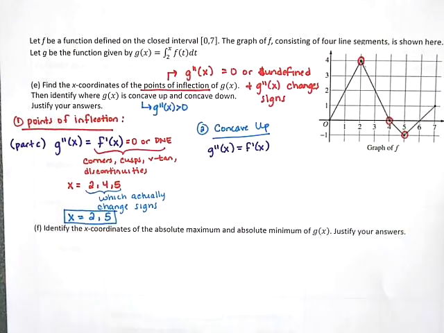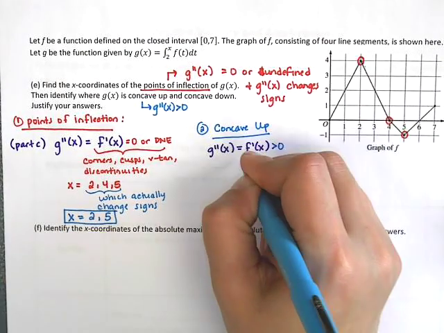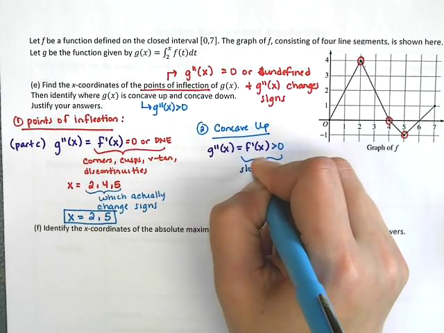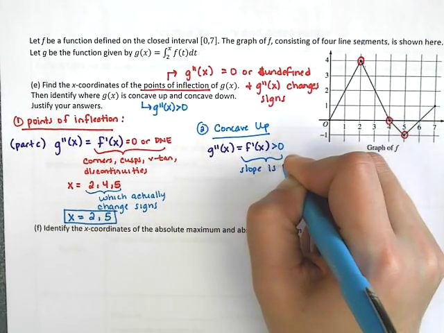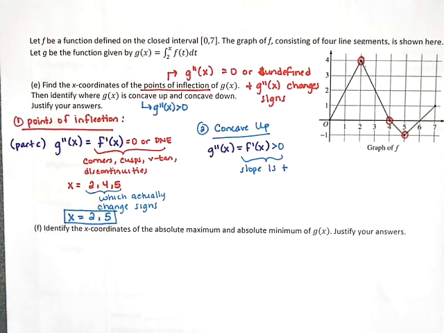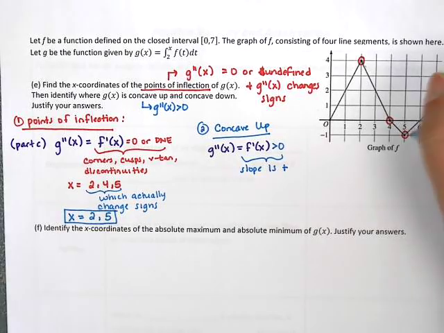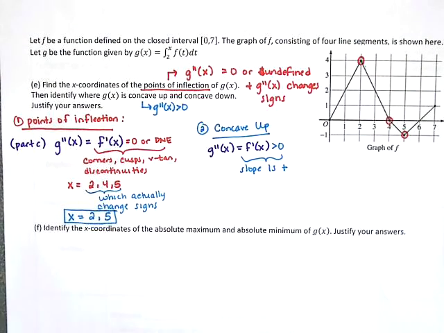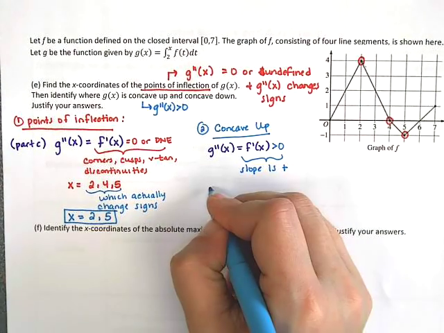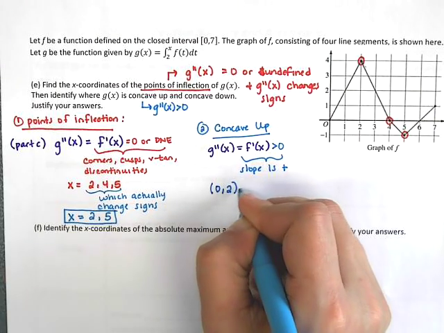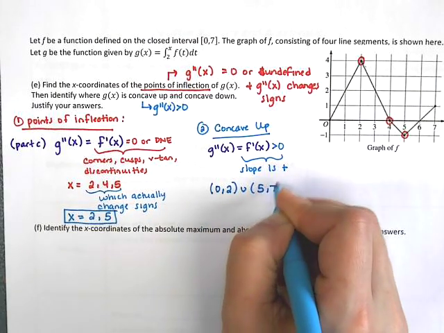So we want to figure out where that is greater than 0, or in other words, where the slope is positive. So my slope on this graph is going uphill from 0 to 2, and again from 5 to 7. So we would say 0 to 2, and then 5 to 7.